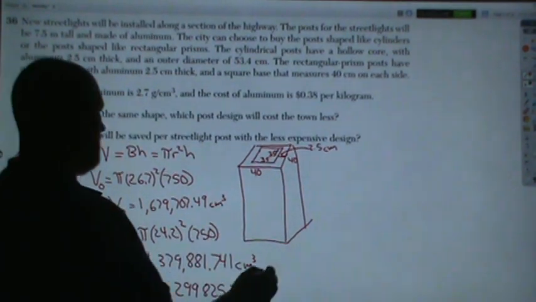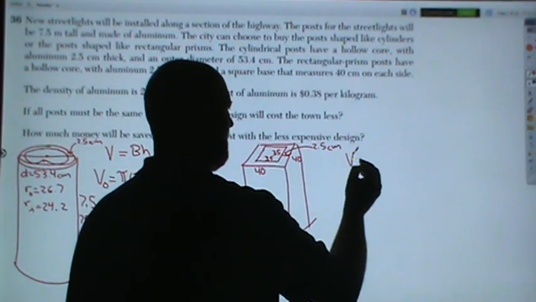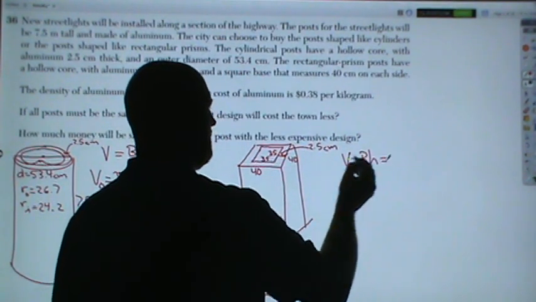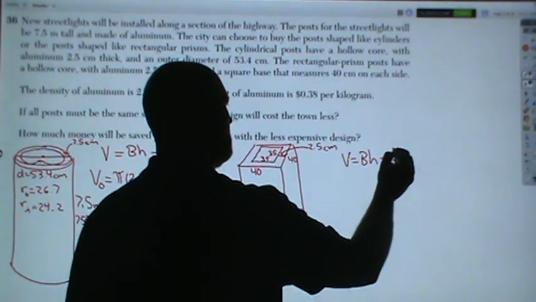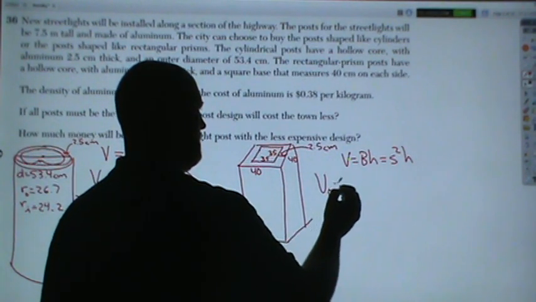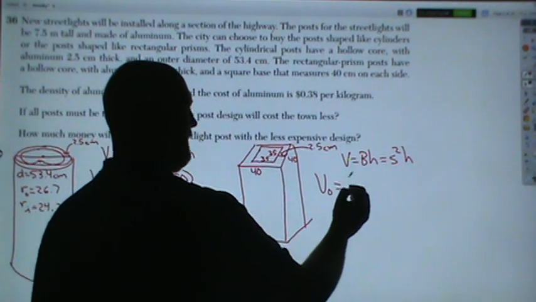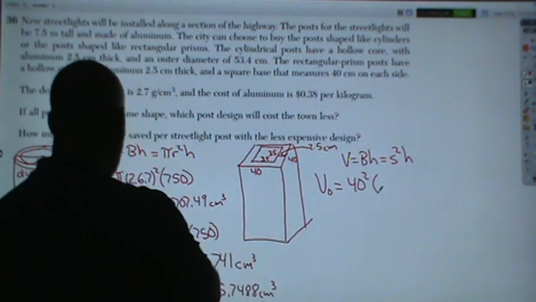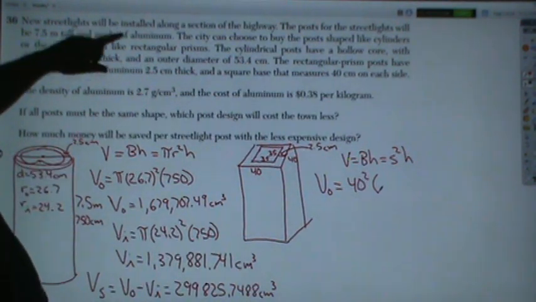So the volume of a rectangular prism is area of the base times height. And since my base is a square, I can do side squared times height. So for the outer shell, I'm going to have 40 squared times that height, which we already calculated, right? Because the heights have to be the same.